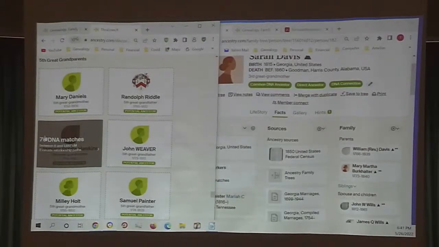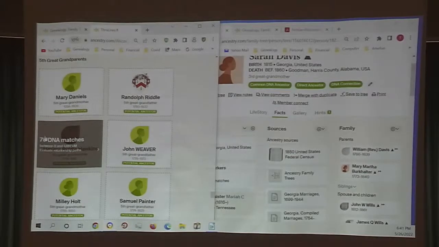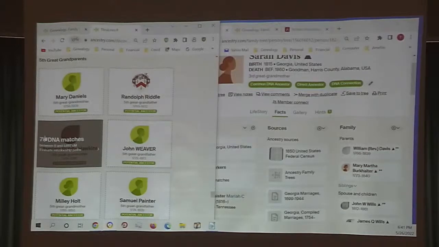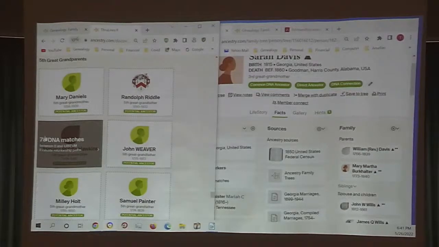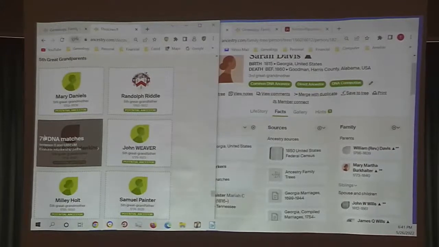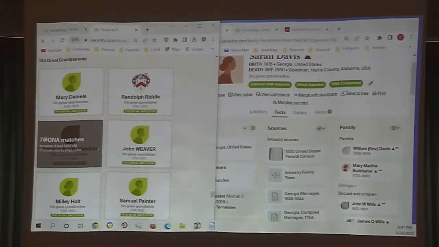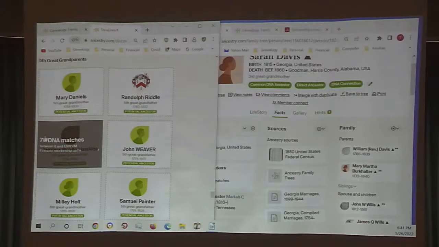Somebody found a link somewhere, and they linked up to that person, and they put it in their tree. Particularly if you look at a record in somebody else's tree and you see no sources at all, the name got popped in there, no sources.